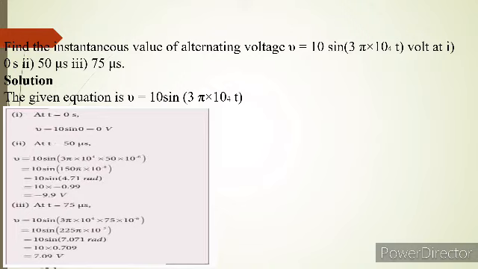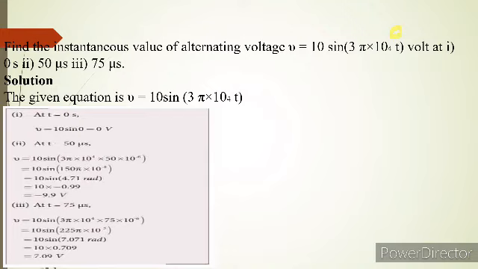So at 0 seconds, how will the voltage be? We just have to substitute the time value. So we get 10 sine into 0, and if you substitute 0 here, everything becomes 0, so we get 0 volts.